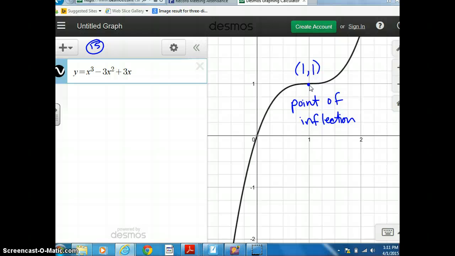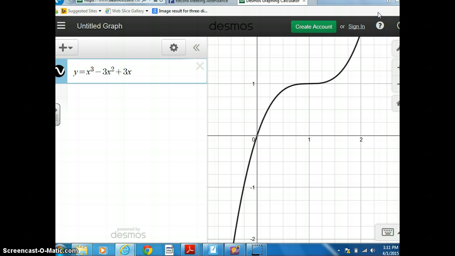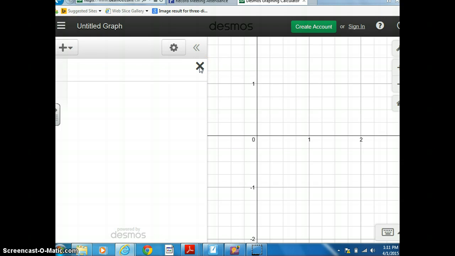Number 16, we want to determine the vertical and horizontal asymptotes for the graph of the given equation. I'm just going to write the equation down here for a minute, we can look at it graphically in just a second, but this is number 16.